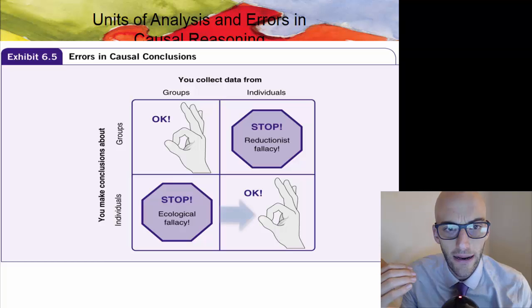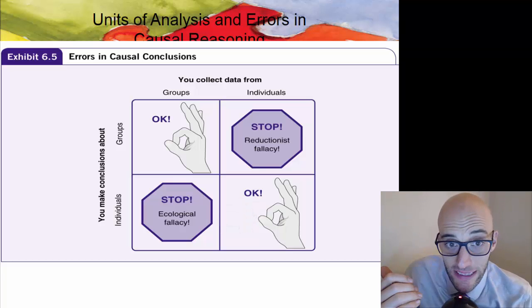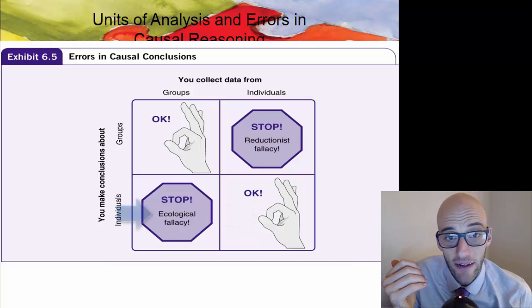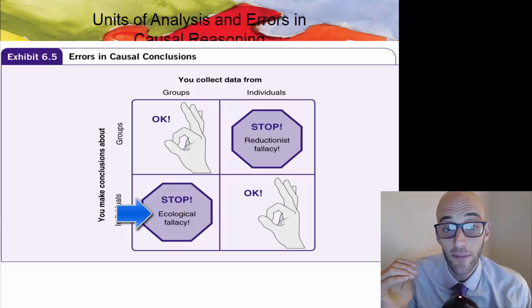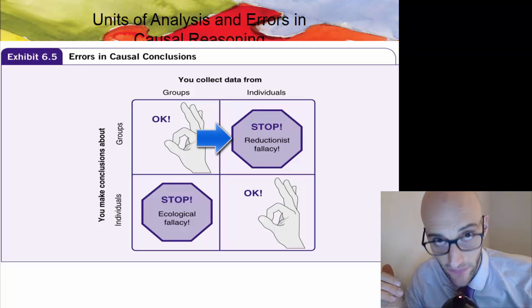Or if you're taking conclusions about an individual based off of data from that individual, then that's fine too. But it becomes an issue if researchers use group level data to draw inferences about an individual, then we've got an ecological fallacy. Versus if we use individuals to make inferences about a group process, then we've got a reductionist fallacy.